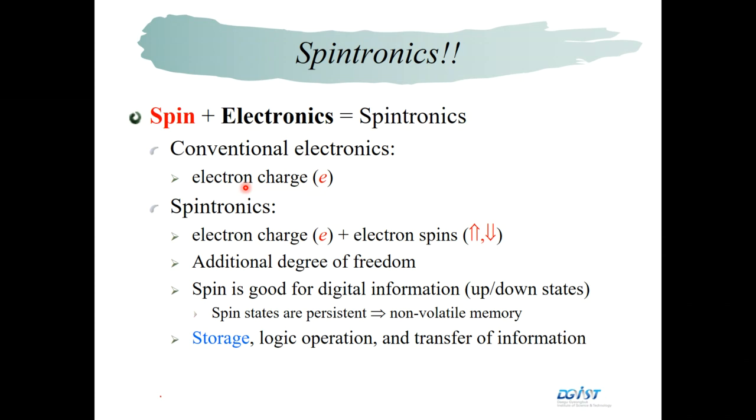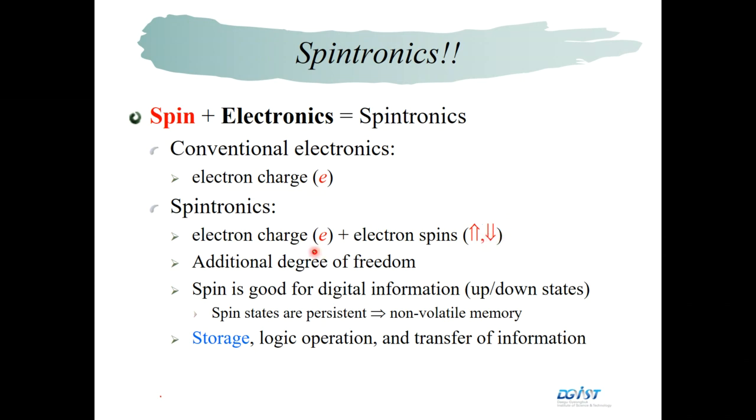But we already know there is another very important fundamental property of the electron called the electron spin. You already know the meaning of spin. We can treat an electron as a very small magnet, and this magnet can be aligned to a specific direction, which we call the up or down direction.